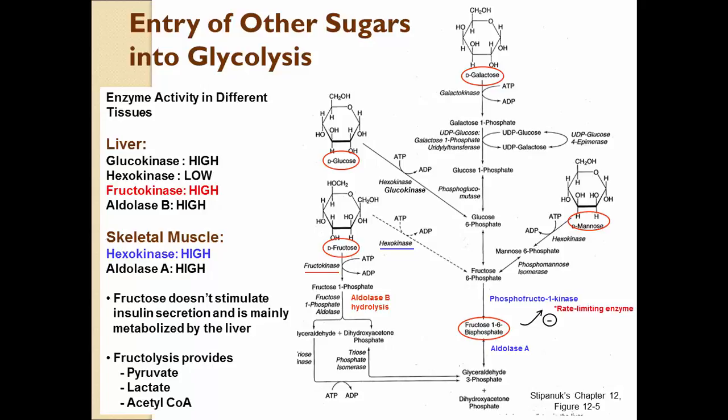Fructose goes through a different pathway to generate the same 3-carbon molecules. Fructose kinase is a very important enzyme that metabolizes fructose, and aldolase B is also an important enzyme in the fructose pathway.